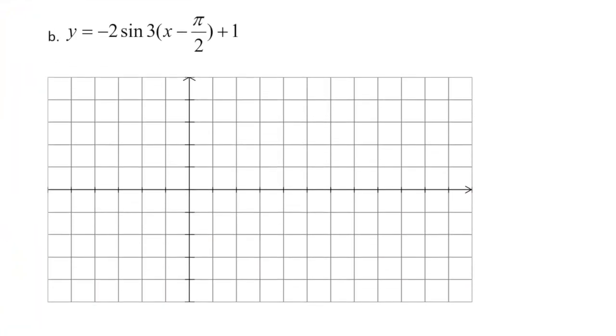Okay, if the previous example seemed to go quite well, you might want to pause it right here and see how this would look. I would preface though that this one does have a period adjustment. We have a 3 for B value, and so that's going to make things slightly more difficult. So here we go, 0.